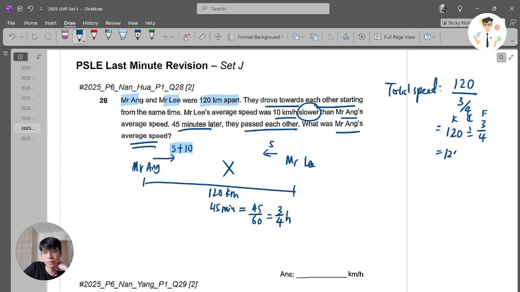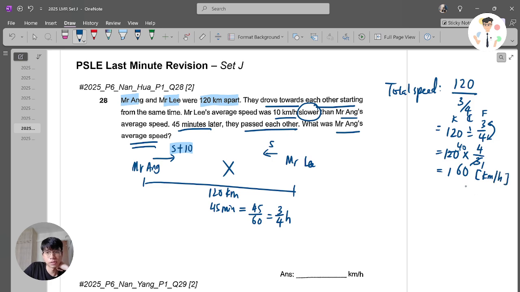K means keep. Change means change the sign. And flip means you flip over these two. So 4 out of 3.